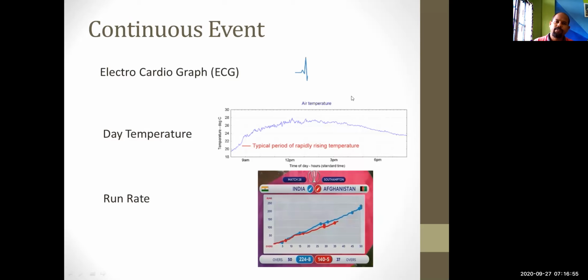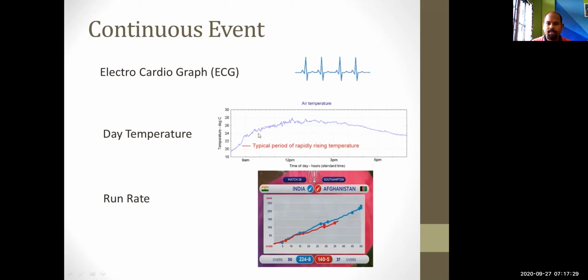If you see the continuous event, here are 3 examples of continuous events. One is the electrocardiograph, ECG, which is a continuous event until and unless the person is alive. Here you can see the graph is continuously moving from left to right. Day temperature is also continuous, because day temperature increases from a certain point.